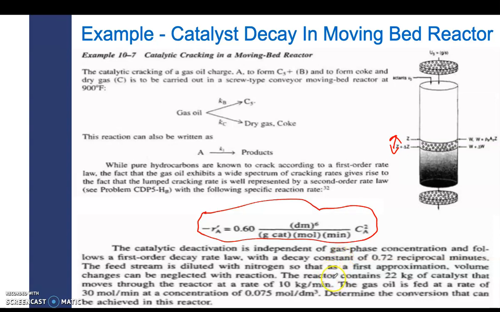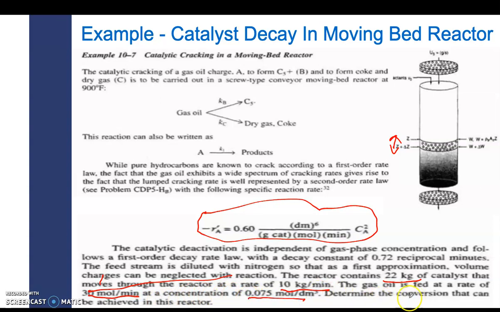But bear in mind the reactor contains 22 kilograms of catalyst that move through the reactor at a rate of 10 kilograms per minute, and 30 moles per minute is your FA naught, and concentration CA naught.